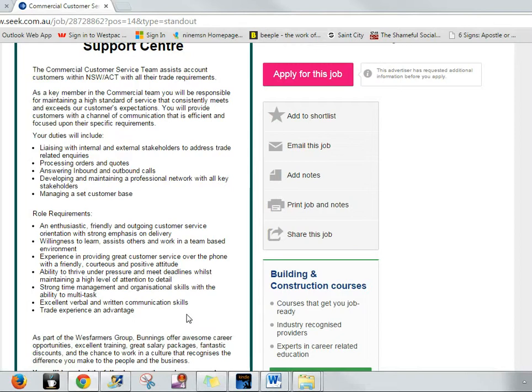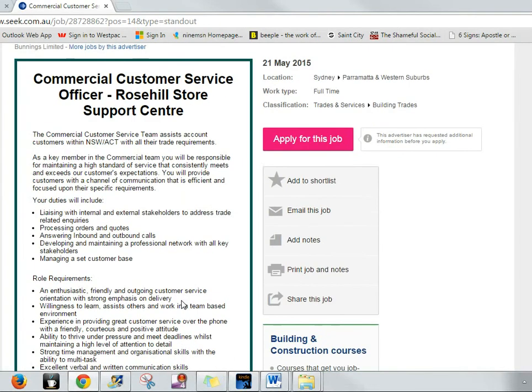Also, one of the key things that I've actually learned in my time working in employment services, doing recruitment, is that if you're applying to a large company like Bunnings, there is not one person that's dedicated to just sitting down and looking through every single resume that's going to come through via their computer system, email, whatever. There's not even a team of people that is just dedicated solely to going through all of the resumes that come through. There will be a team there, yeah, definitely, for the HR department.